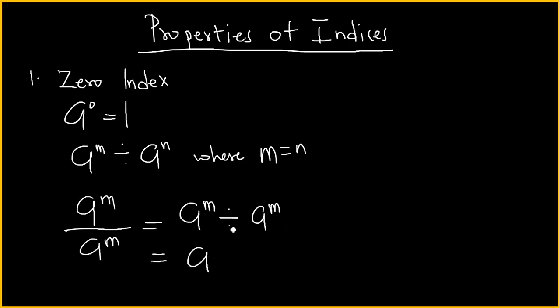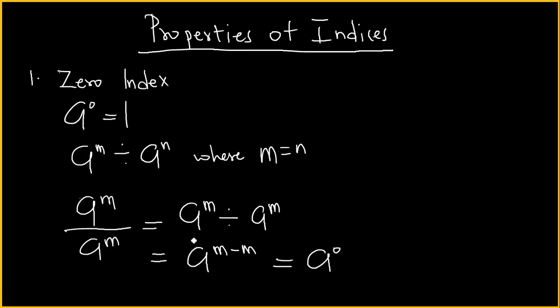So from the quotient law, it states if the bases are the same and the operation is division, we have m minus n, a to the power 0.